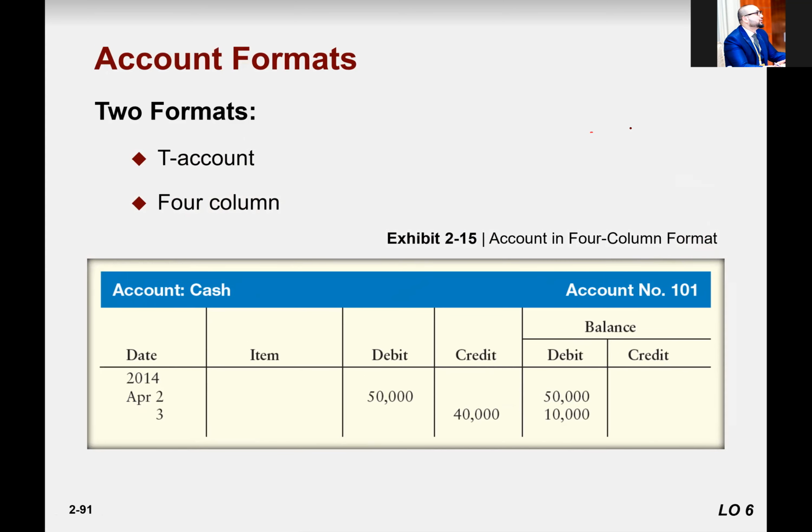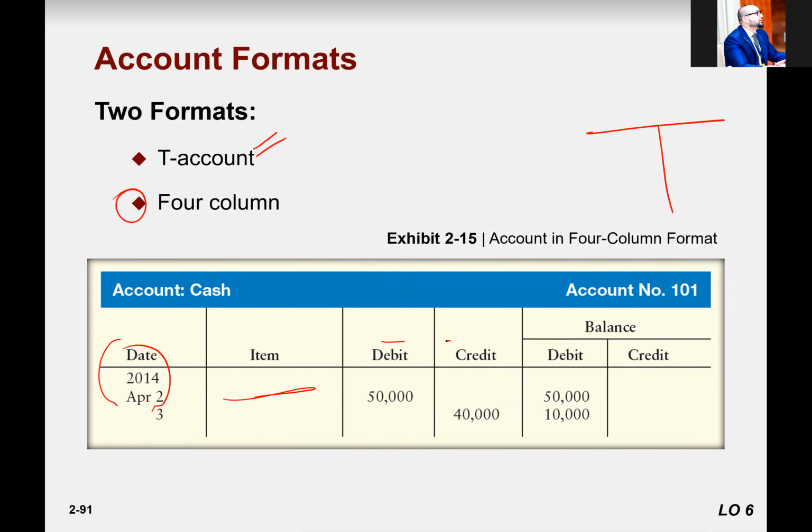Okay, up till now we have just talked about T accounts, right? But there are two kinds of format of an account: the T account, which we just learned, and the four-column account. The four-column account has one column as a date, then the items where you write some kind of narration, then the debit and credit, and the last column is the balance column.